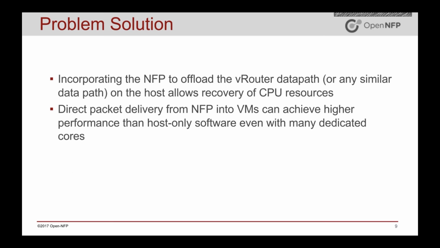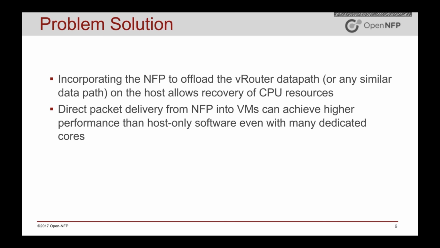So incorporating the NFP to offload the vRouter data path removes those resources from running on the compute node and moves them down onto the NFP or the smart NIC, right? And then you can recover those CPU resources. The other thing that it does for you is it allows direct delivery of packets from the underlay that are being handled by the NFP directly into the overlay network via SRIOV or directly into the VM space.